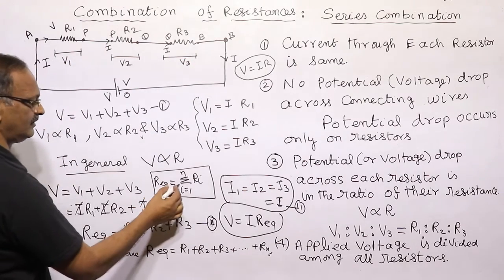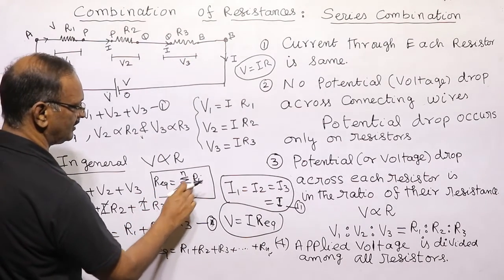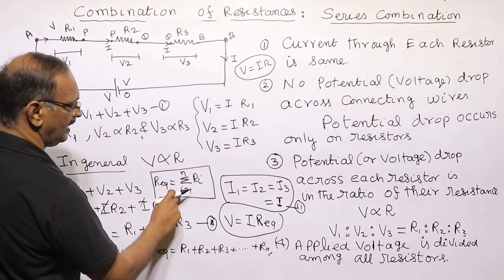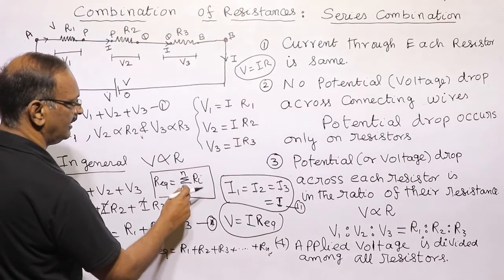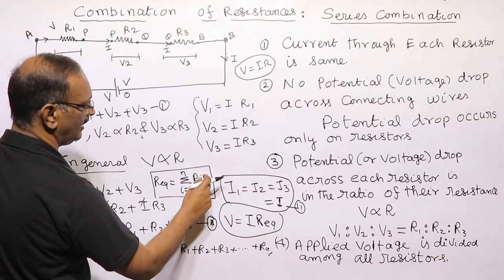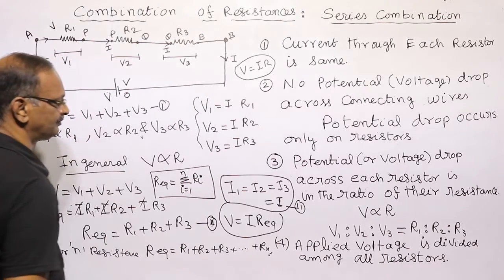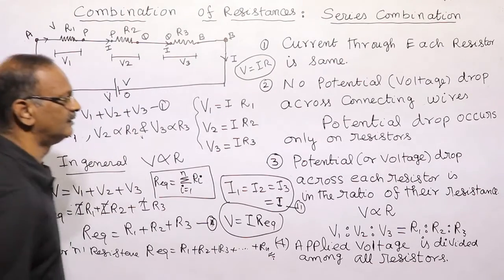That is, R equivalent is equal to the summation of i equal to 1 up to N: for the first we put i equal to 1, plus i equal to 2, plus i equal to 3, and we go up to i equal to N. So this is for series combination.